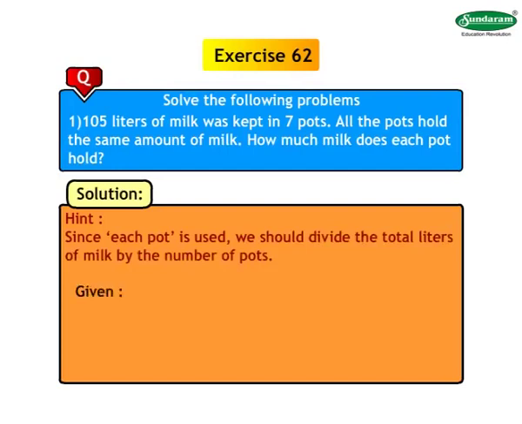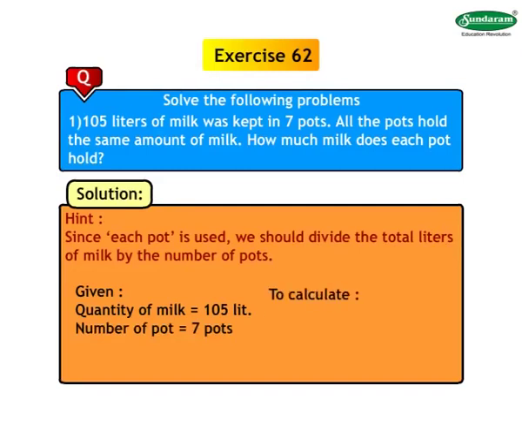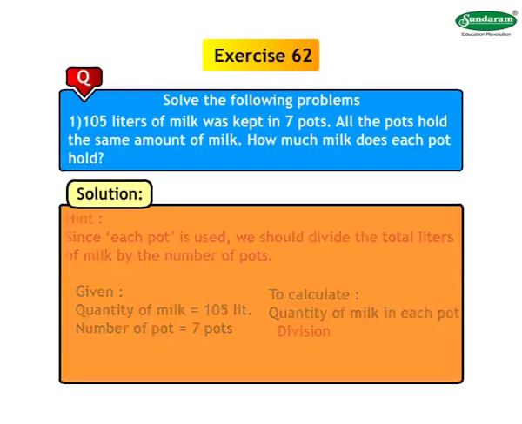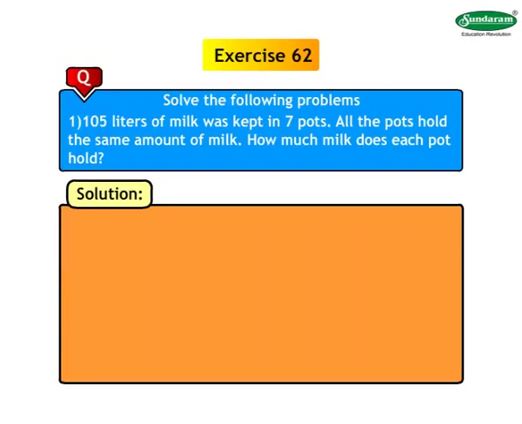It is given that quantity of milk is equal to 105 liters and number of pots is equal to 7 pots. Since all pots hold same amount of milk and quantity of milk in each pot is to be calculated, we should perform the operation of division. Thus, divide 105 by 7.